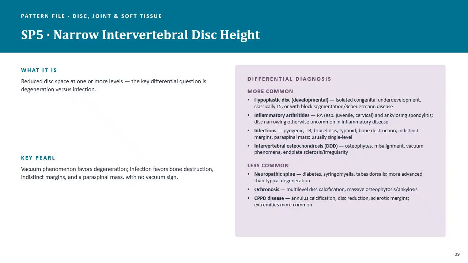So we can usually see that smaller disc space on our X-ray image. Now the question that the doctor or the radiologist is going to ask is, why is that disc space becoming narrow? There are two possible reasons that our book talks about. That's infection and also some sort of degenerative reason why it's becoming narrow.